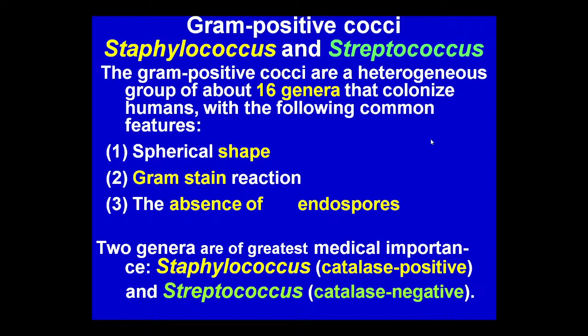Then they are gram-positive after gram staining, and they cannot form endospores. And we won't care so much within our lecture about the other genera, but we concentrate on Staphylococcus and Streptococcus.